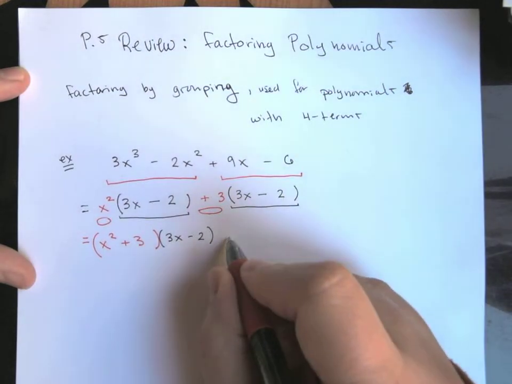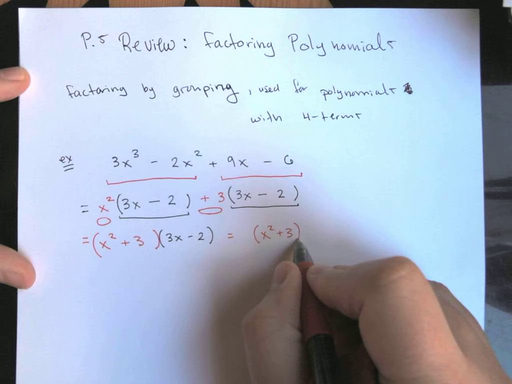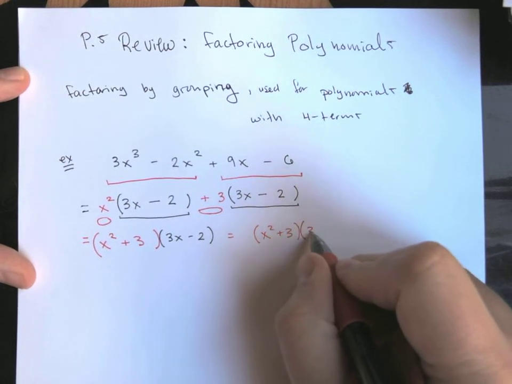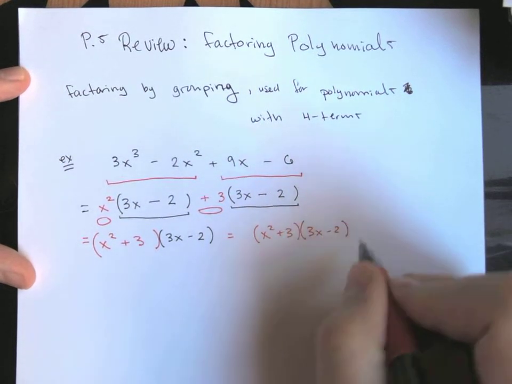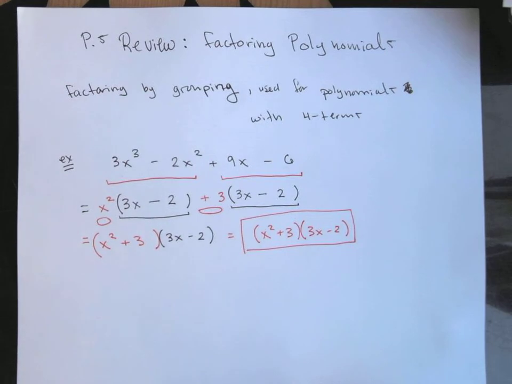So my final factored version, if I write this in one color, is x squared plus 3 times 3x minus 2. So it's factored up and ready to go. And that's factoring by grouping.